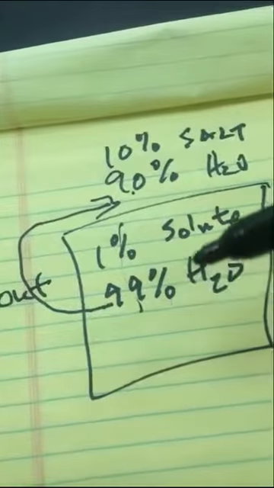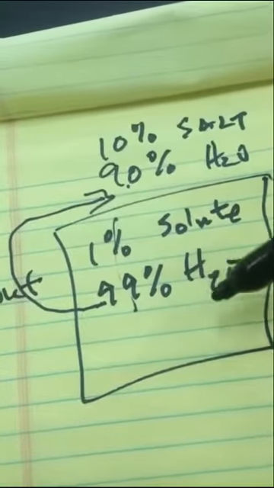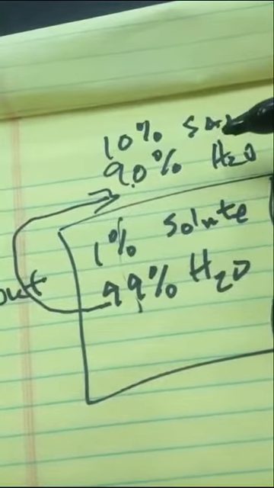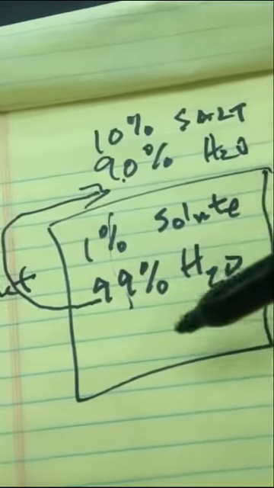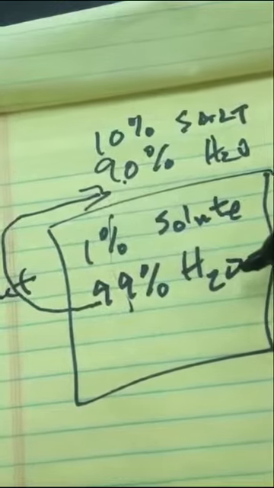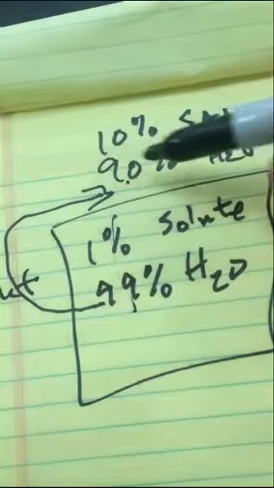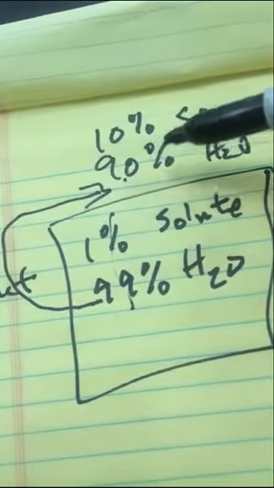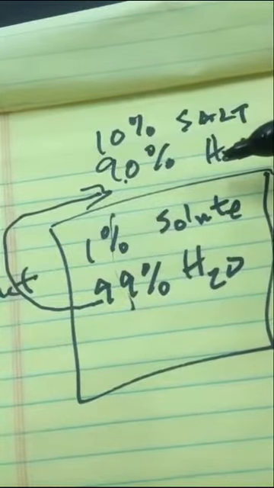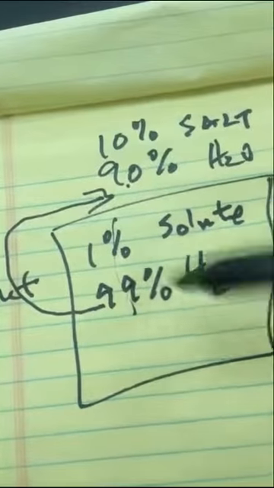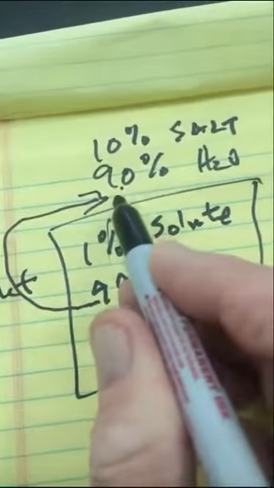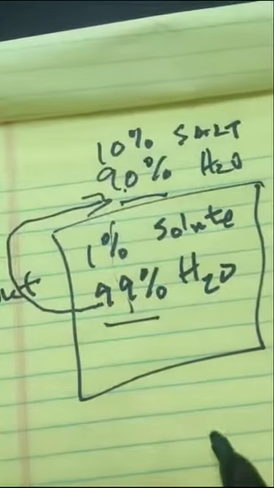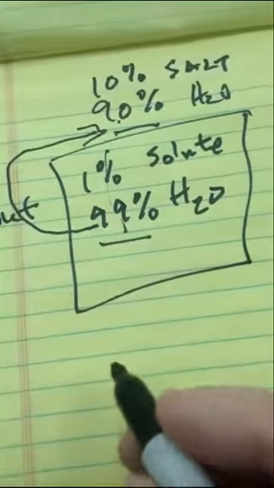So if I put a plant cell like Elodea into a 10% salt solution, which of course is 90% water, the 99% water that you have inside the cell will move out of the cell, and that's just osmosis. Water moves from where you have more of it, again the 99, to where you have less of it, which would be the 90. And what that does is shrivel up the cell.